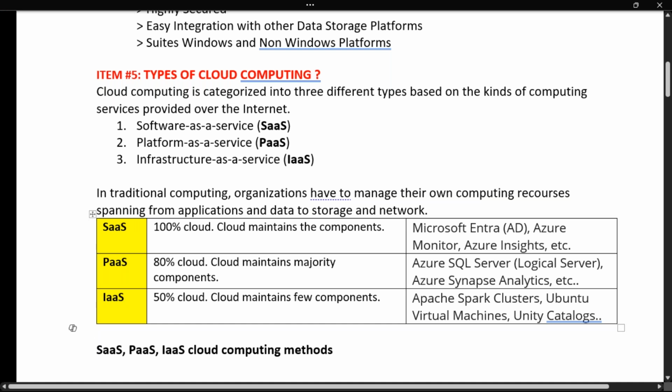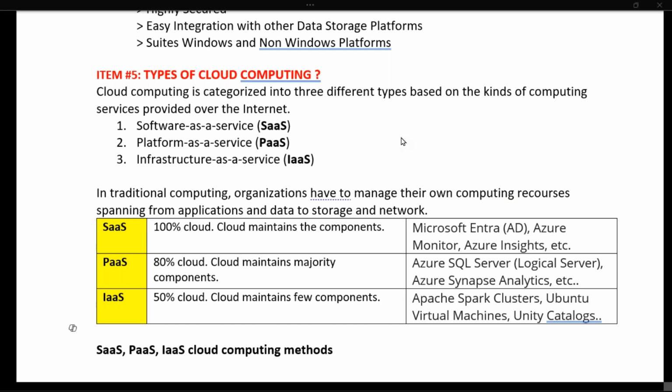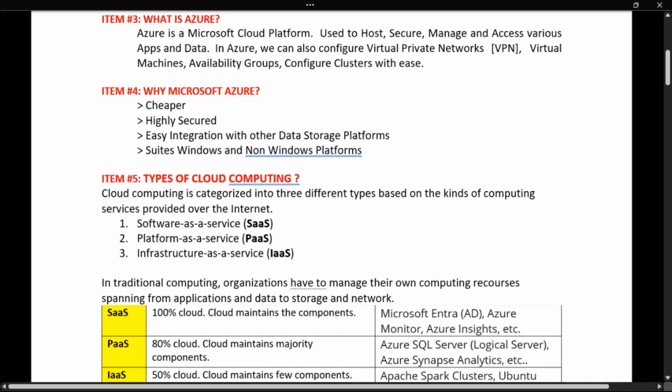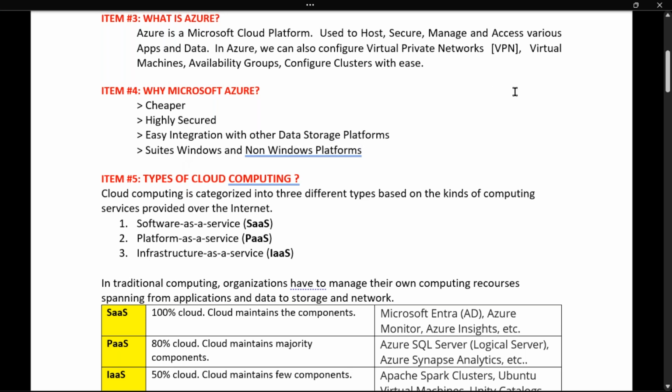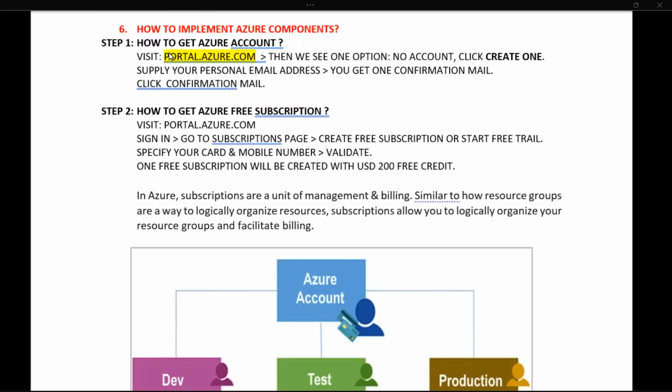Let's get started now. How to configure Azure? I repeat again, we are slowly understanding what is Azure, why Azure, and types of cloud computing. Now let's see how to implement Azure. To implement Azure, we have a two-step process. Go to portal.azure.com.